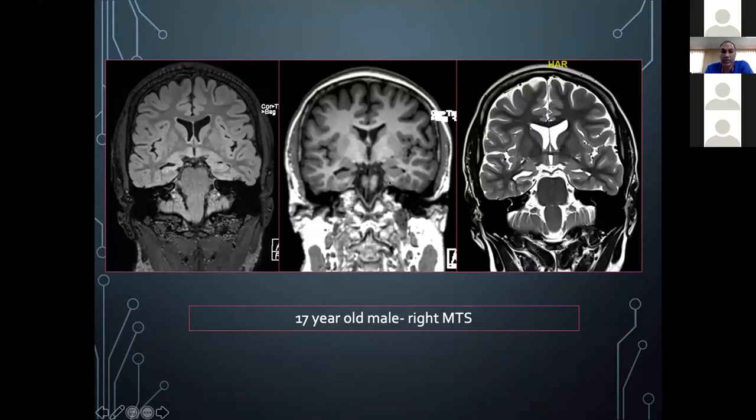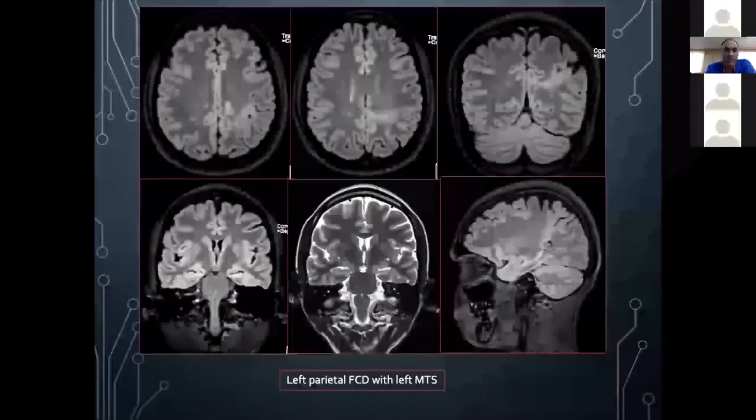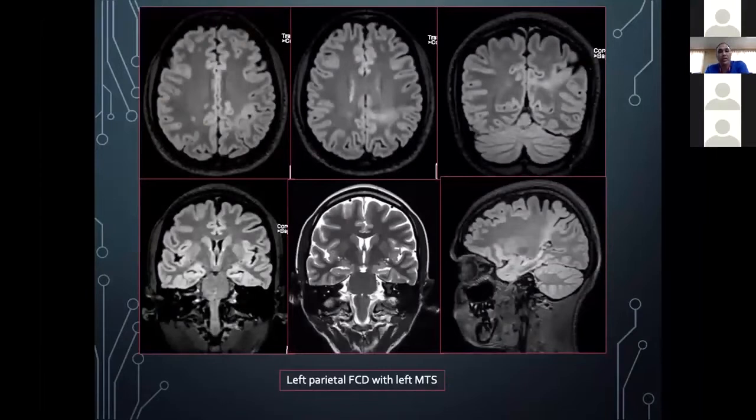Caudate, putamen, and thalamic volumes look fine, but we must always remember these ancillary findings might be seen in some of the patients. And also, when we have identified the MTS, we should always look for other abnormalities. For example, in this particular case, MTS is present, but there's also a left parietal focal cortical dysplasia. And sometimes there can be a calcified granuloma present.